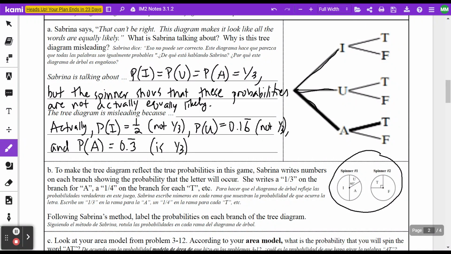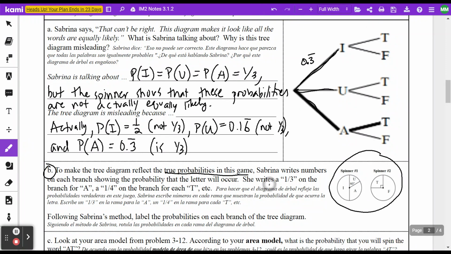So in order to make the tree diagram, we're doing part B right now, reflect the true probabilities of this game, we can just label the branches. Each of these are branches with the correct probabilities. So I'm going to write 1/3 on the branch for I. Actually, I'll do 0.3 repeating because I feel like decimals are easier to add together. Anyway, you can do either version.